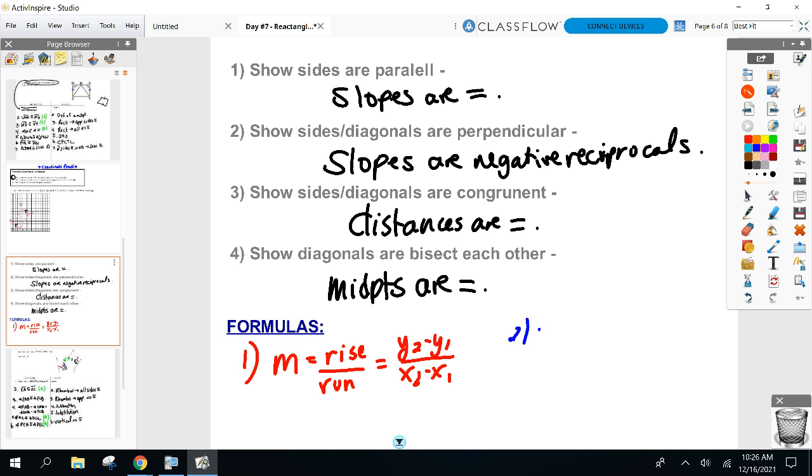You guys remember the distance formula? Not plus, no plus inside. Big square root. Is it x2 minus x1 squared plus y2 minus y1 squared?